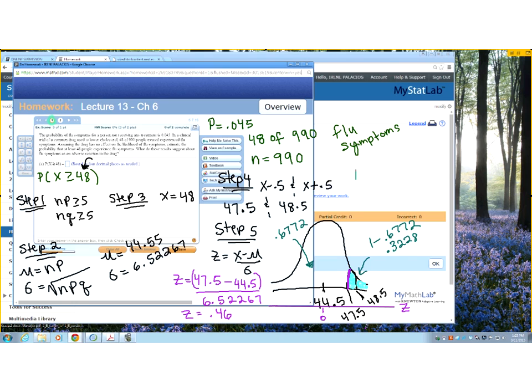As you're going to see, I'm going to go back to the homework and answer this question. So the probability that X is at least 48 is 0.3228. You have to tell me what this means. That's the part I wanted to get to. So I'm going to enter 0.3228 here, and when I enter it, let me show you what happens.